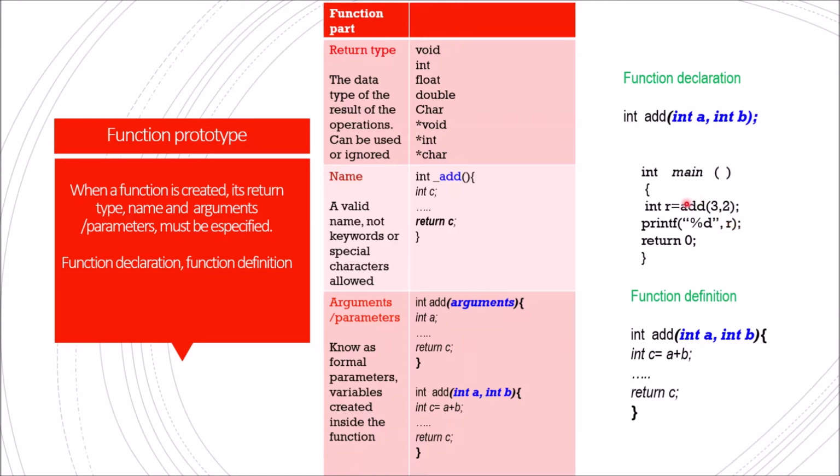I could also have made use of, instead of creating this integer variable that stores the integer result, I could have just used add parentheses 3 and 2 here instead of the r. So it depends on your usage.